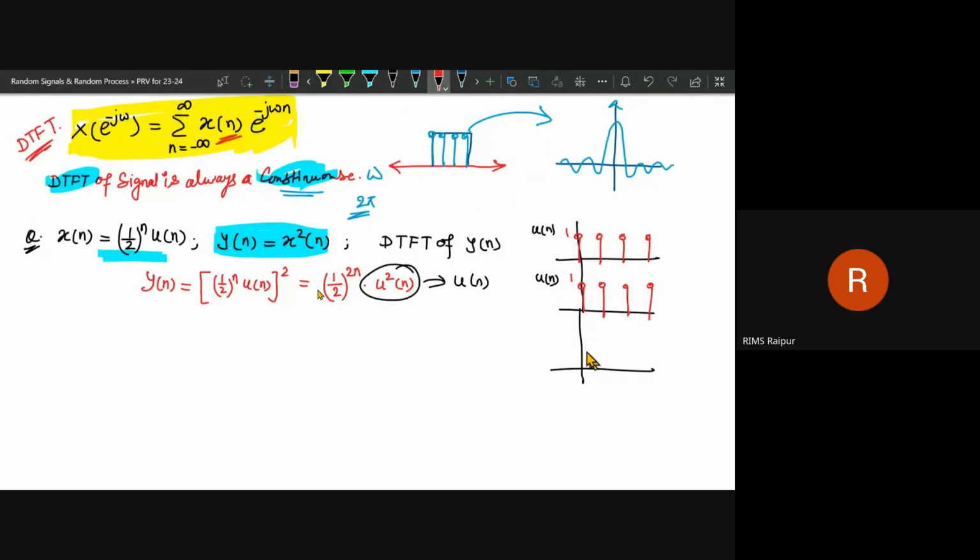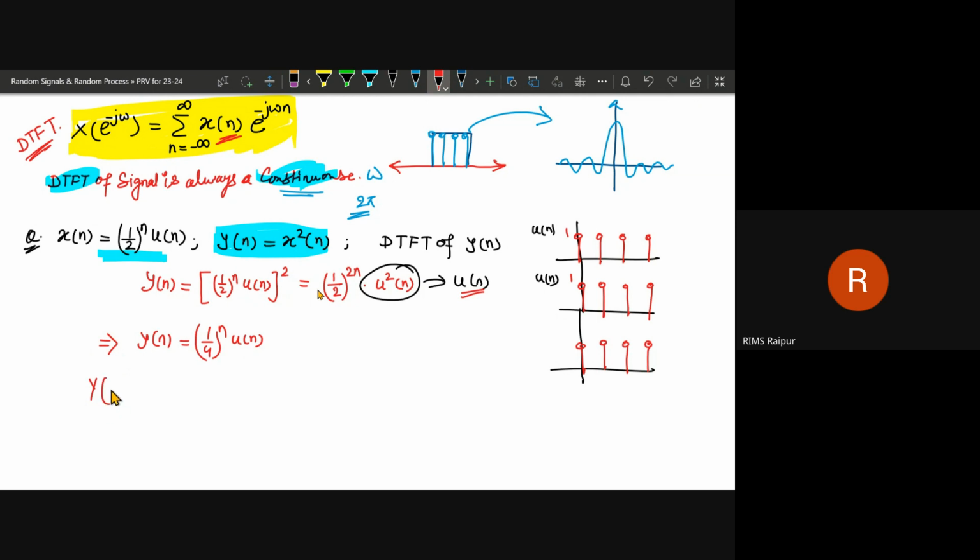So 1 into 1, you will get 1. Similarly, here also 1, and here also 1. So multiplication of u of n into u of n, you will get u of n only. So here the y of n will be (1/4) raised to power n times u of n. Correct. Okay. Now, tell me the Z transform of this y of n.